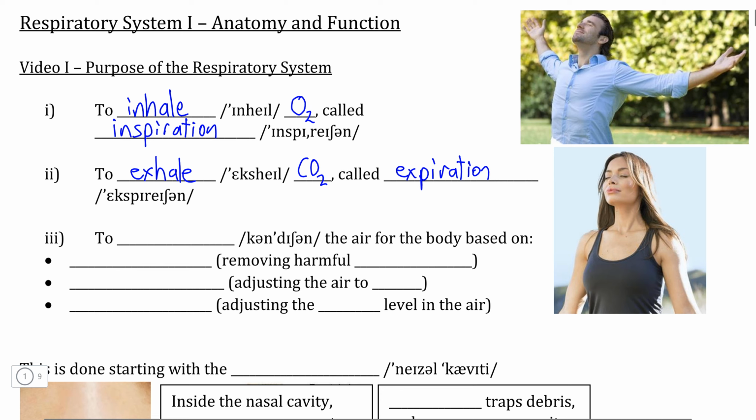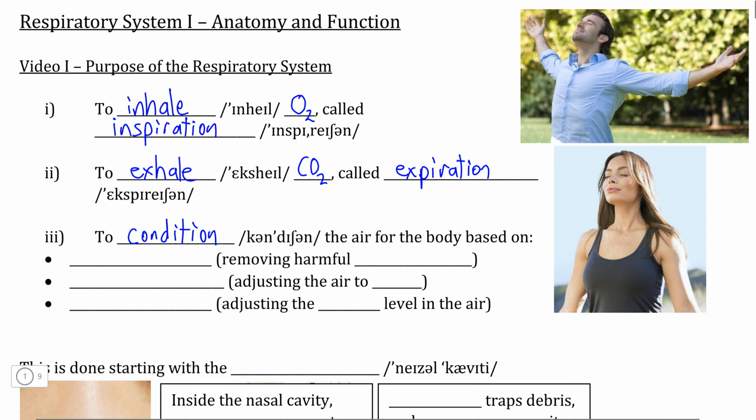Now, the third, and perhaps one of the more neglected functions of the respiratory system, is to change the conditions of air in order to make it more usable by the human body. So the first way that air is conditioned is in the form of improving its cleanliness.